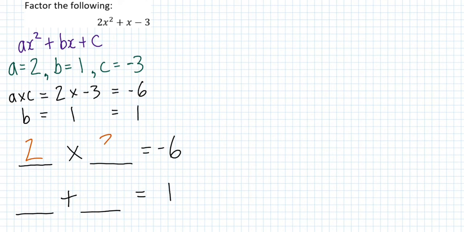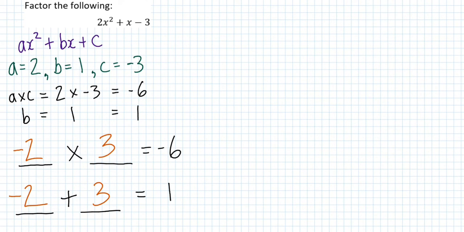Now the problem with this is that 2 times 3 doesn't equal negative 6, and 2 plus 3 doesn't equal 1. But if we go negative 2 times 3, that equals negative 6, and negative 2 plus 3 does equal 1. Okay, so we have our two answers, negative 2 and 3.